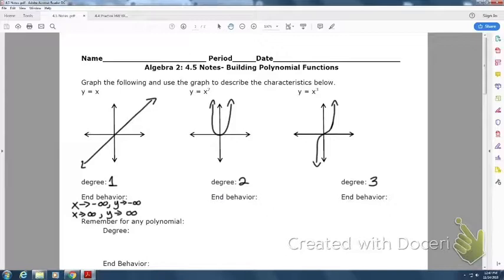Positive infinity. Is that also going to be true for a cubic function? Yes. Is that going to be true for any positive odd function? Yes. So what I have written, and what you should have written underneath linear, you can write that exact same thing underneath cubic.